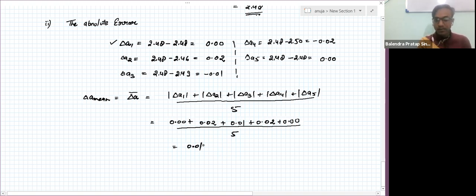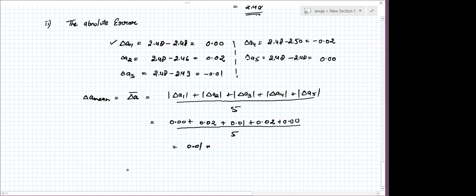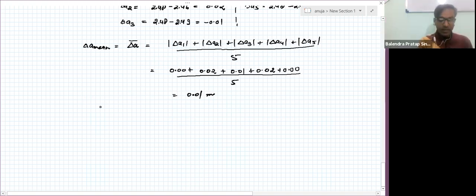Meter. Yes. So the representation of correct length: the correct or exact length is equal to the true value, or absolute value, 2.48 plus minus error 0.01 meter.